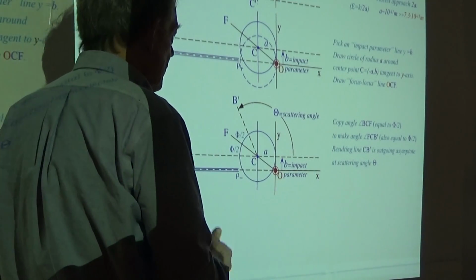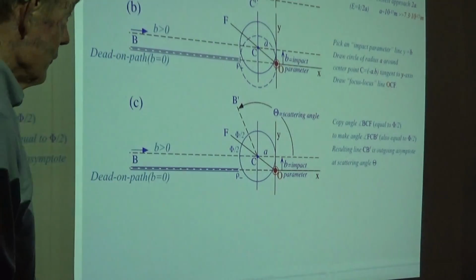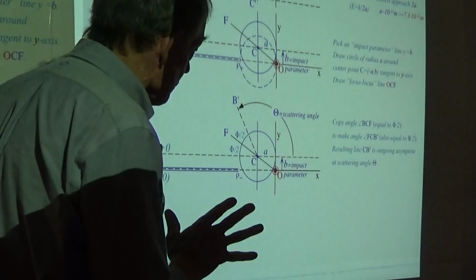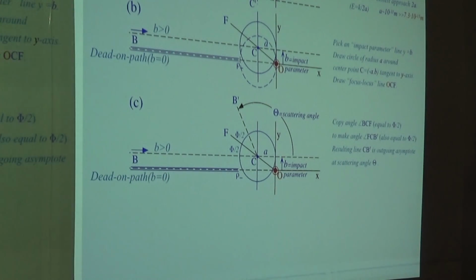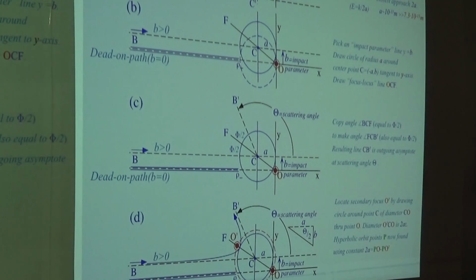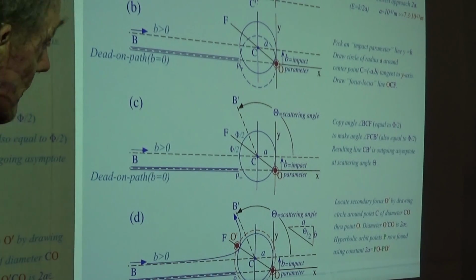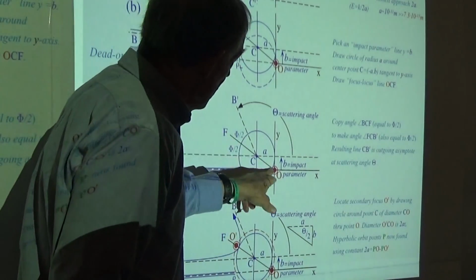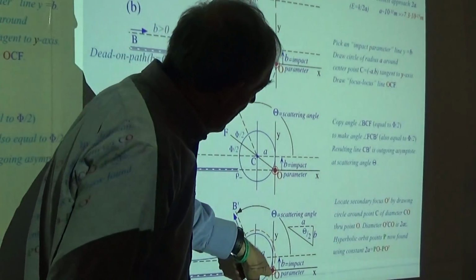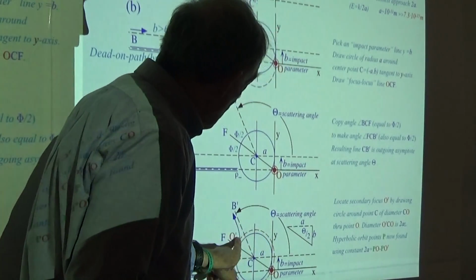So the next step is to find the focus, the other focus, the one that has nothing sitting around it, and get all of these up to that point. Here, all I have to do is, after I've drawn this line right here, put a compass there and strike an arc over to this line.